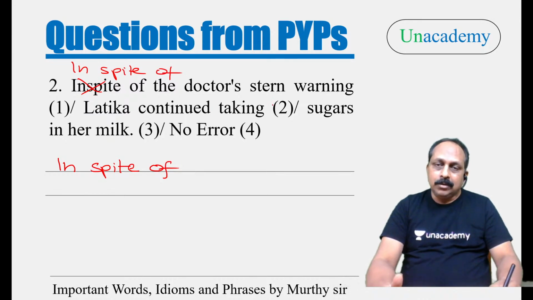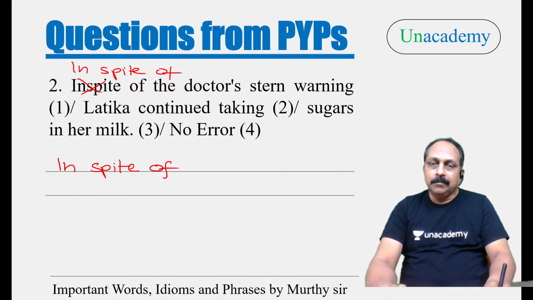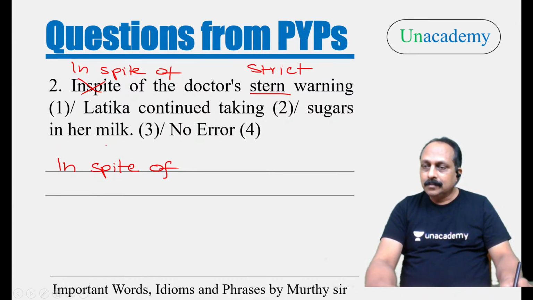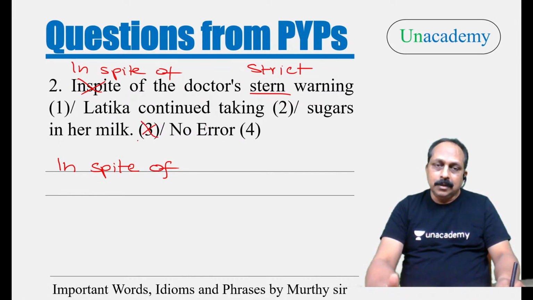In spite of the doctor's stern warning, stern means very strict, stern warning means strict warning, Latika continued taking sugars in her milk. Now, where is the error? Third part. That is right. What is wrong with the third part?